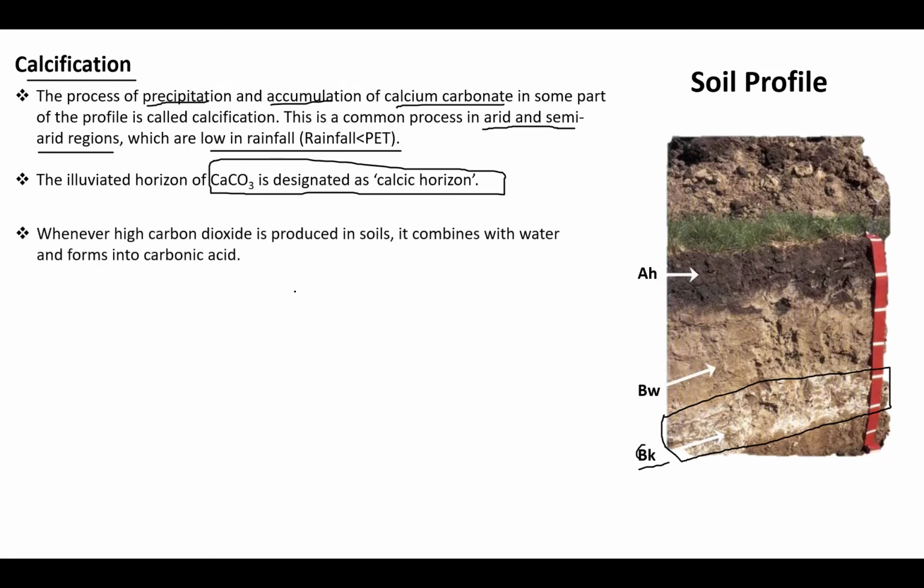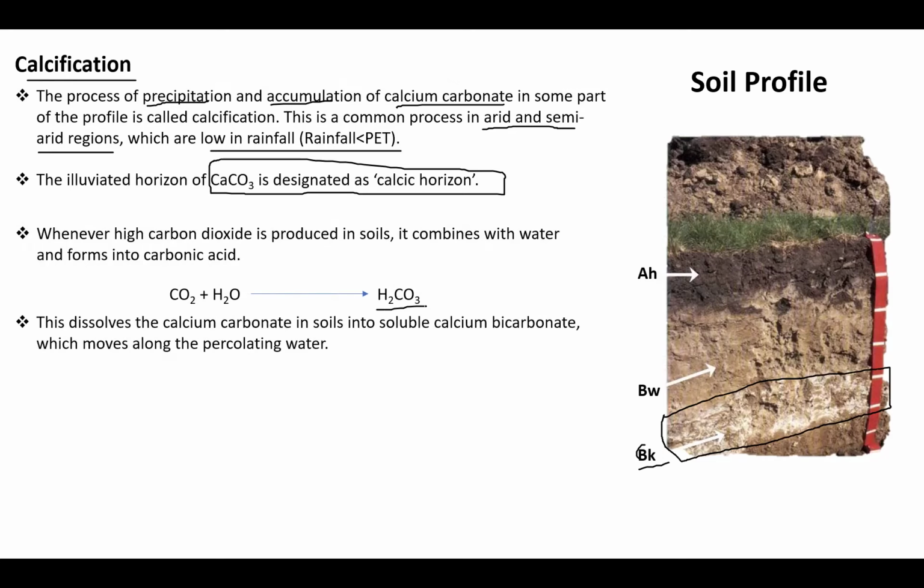And if you want to speak about the chemistry of calcification, whenever high carbon dioxide is produced in the soil, it combines with water. What happens when carbon dioxide and water combine? It leads to the formation of H2CO3, that is carbonic acid.